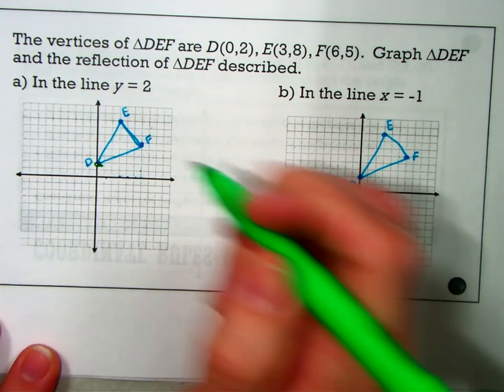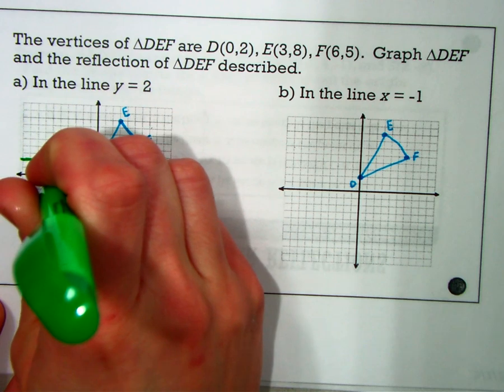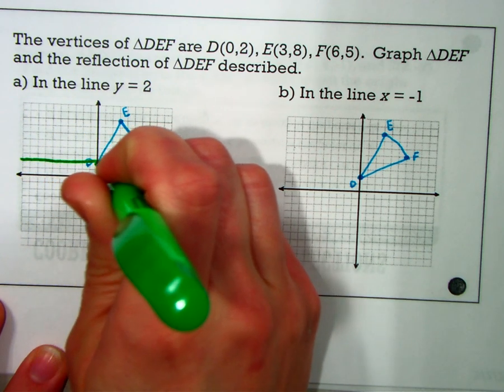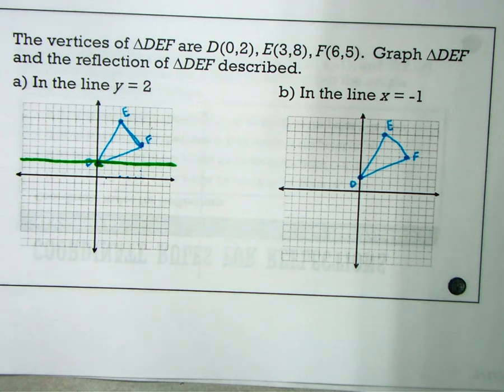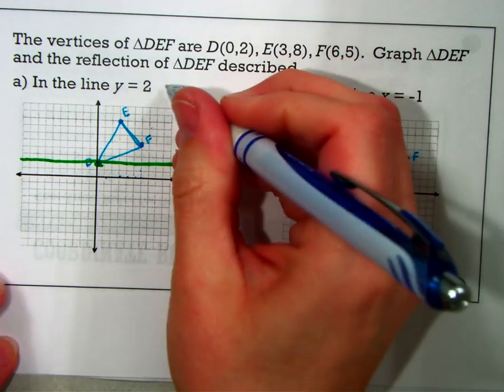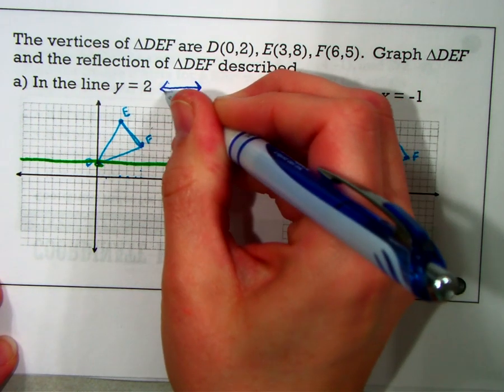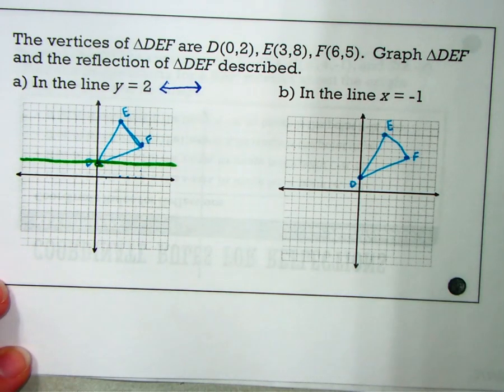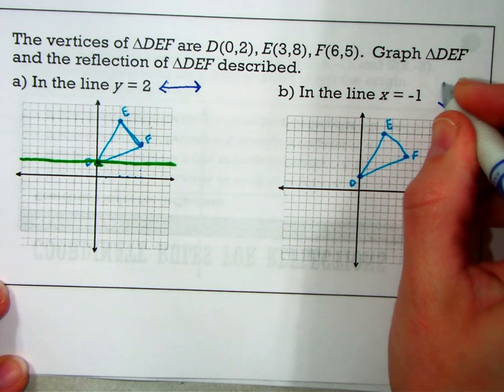It's right here. And then the line that goes through that y equals 2, where every y value is 2, is this line. So the reason that we're doing this particular problem is that we need to know that every y equals line is a horizontal line going right to left, and every x equals line is a vertical line going up and down.